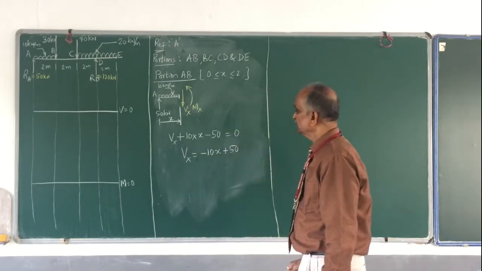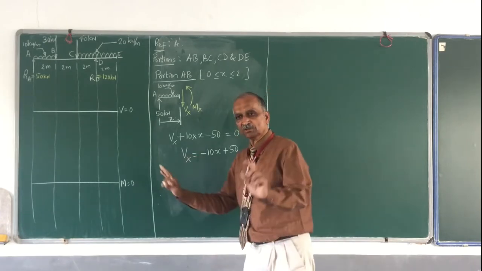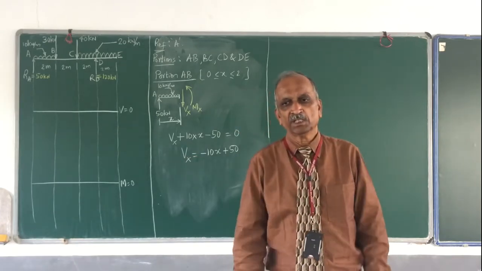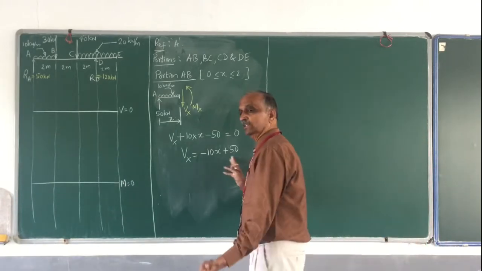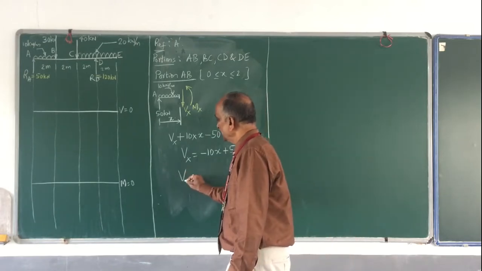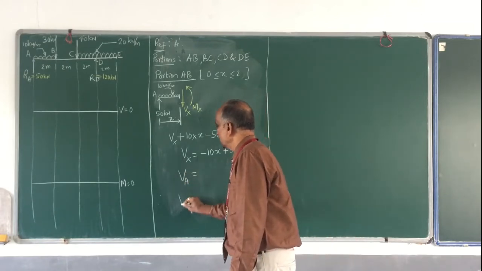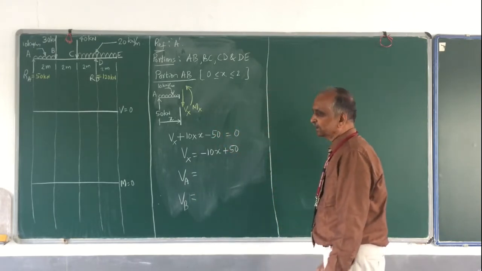Minus 10x plus 50, that means, what is your observation? Shear force is not constant between A and B. Shear force is varying between A and B. Shear force varies linearly, according to a straight line. So for a straight line, the moment you identify shear force at A, shear force at B, you join them to get the values in between.